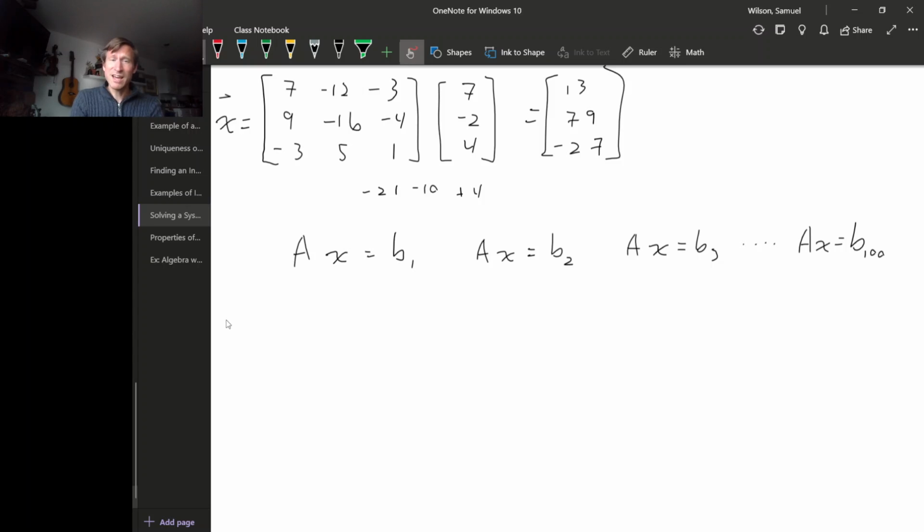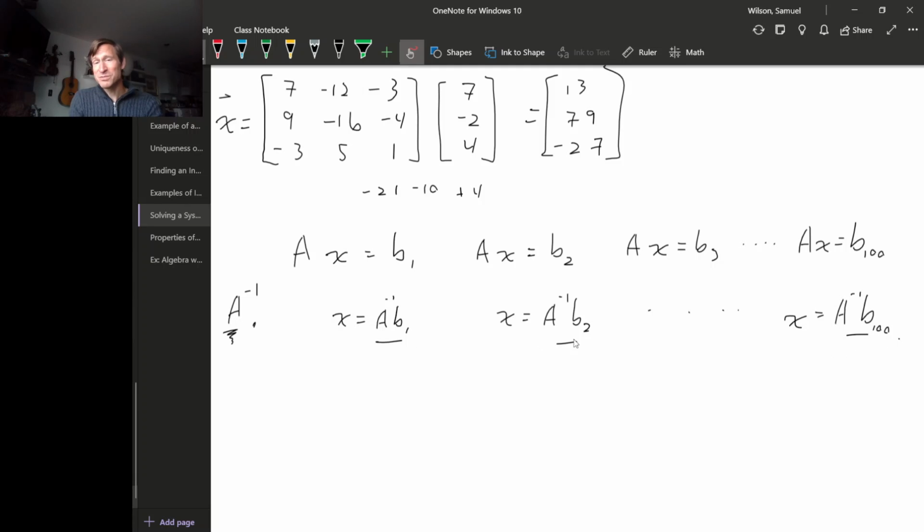But what you can do is calculate the inverse matrix just once, and then for each of these equations, calculate the inverse matrix times the right-hand side for that equation, all the way down to the last one: A inverse times your 100th right-hand side. So this is front-loading the work of doing all the row reduction just by calculating A inverse, and then solving each one of these systems is just a simple matrix multiplication.